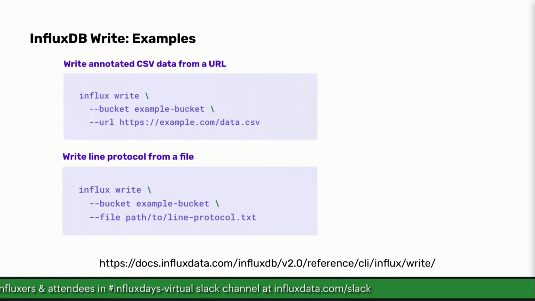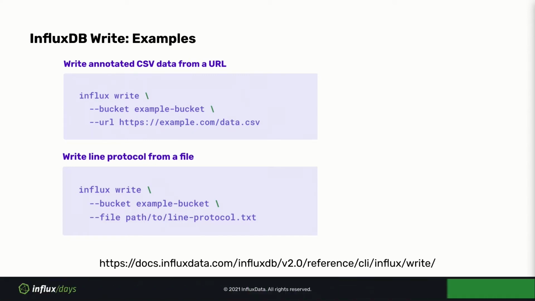You can write compressed files by adding a file with the .gz format, which Influx will assume is using gzip compression, or you can use the command line compression flag in order to specify gzip compression on a file that doesn't have the .gz naming.